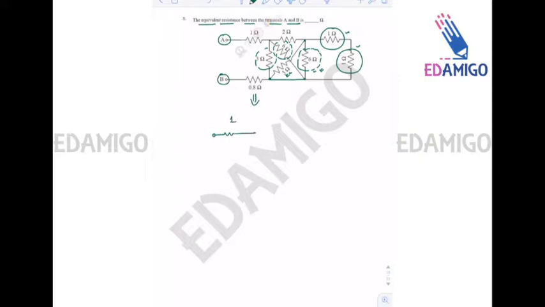That is one here, 0.8, 3 ohm, 6 ohm, 2 ohm, 6 ohm, 3 ohm, and 2 ohm.